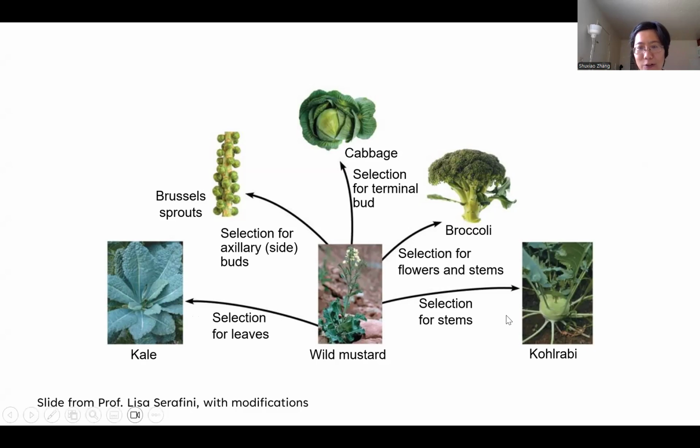And for kohlrabi, you're selecting for large stems. So these, like the finches, eventually became separate lines or populations, but originally they all came from one population. So with both natural selection and artificial selection, if you do it long enough, variations that originally were occurring within the one population can gradually develop into several populations of plants.